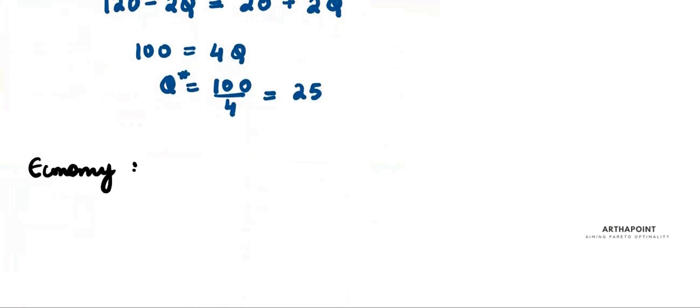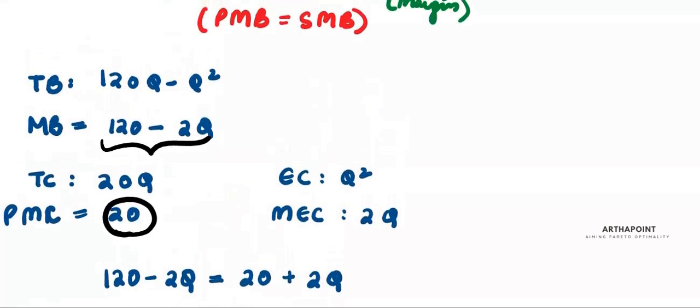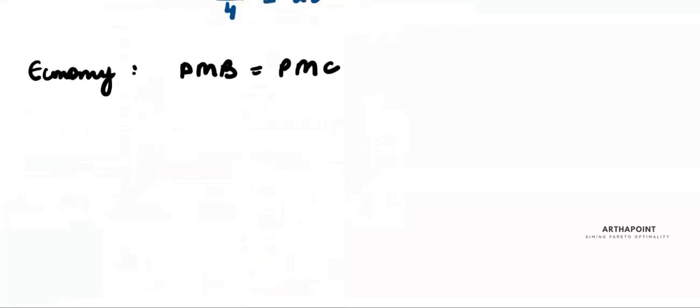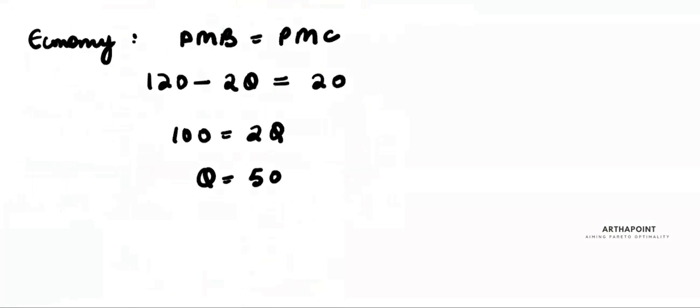How does an economy find its output? They just equate private marginal benefit to private marginal cost. So the economy would have equated 20 to 120 minus 2Q. So they would have equated 120 minus 2Q equal to 20, 100 is equal to 2Q. So Q is 50.